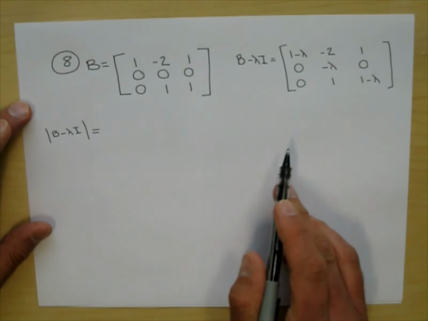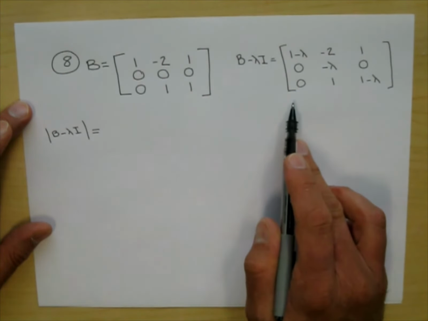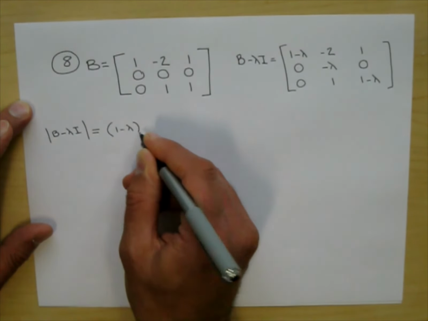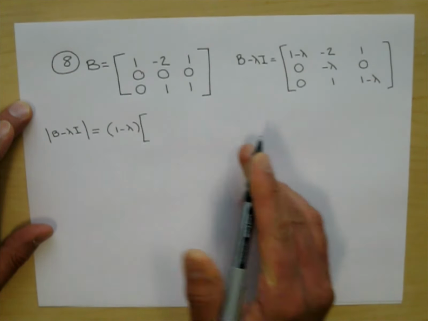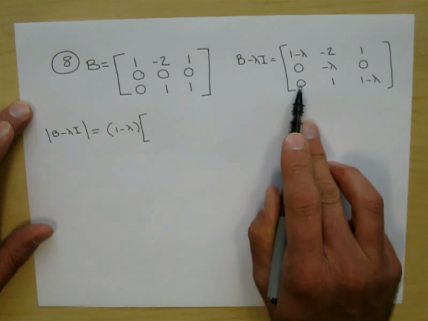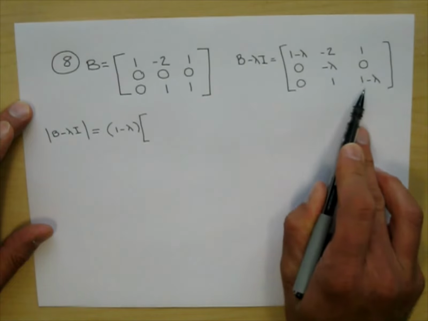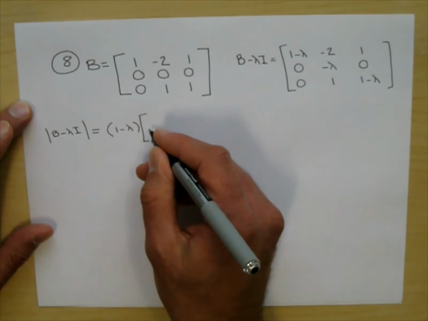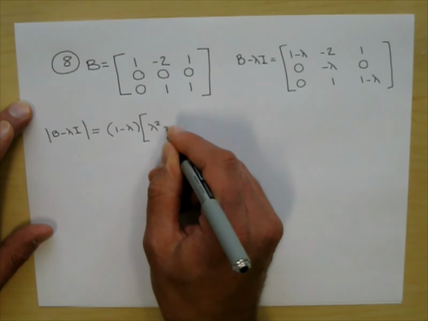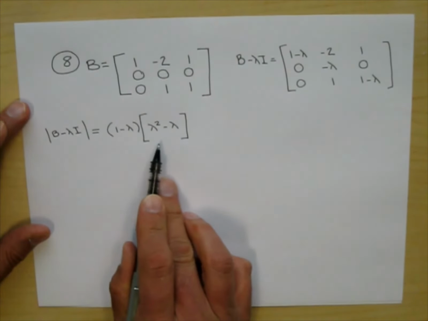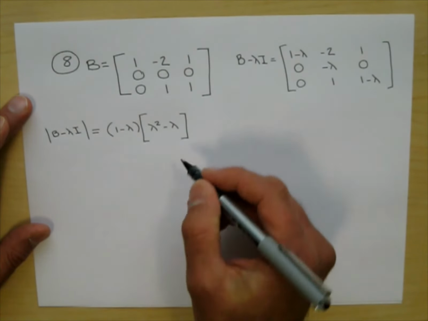What am I going to do? I'm going to just go down the first column. When I go down the first column, I have 1 minus lambda. And then I'll cross out the first column and the first row, and I'm going to have AD minus BC. There's a 0 there, so this is just going to give me lambda squared minus lambda. I should have put parentheses, but that's all right.